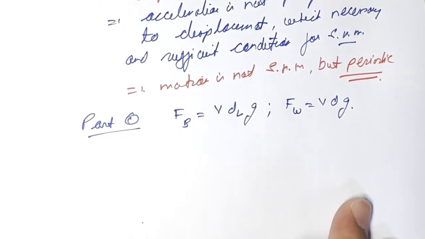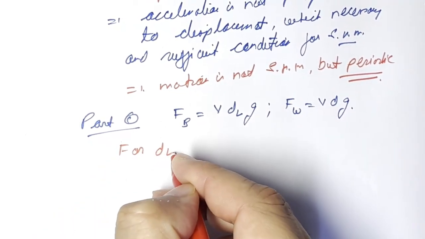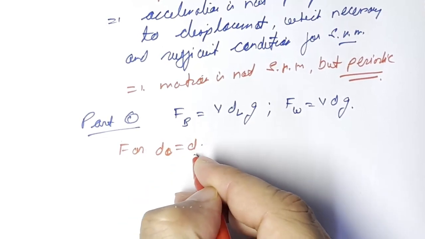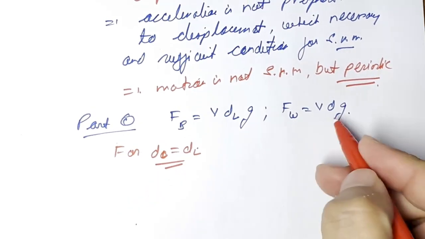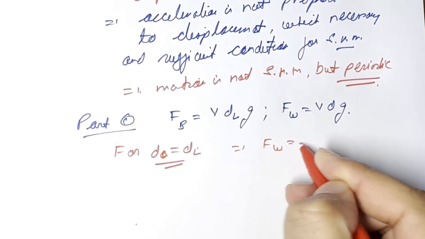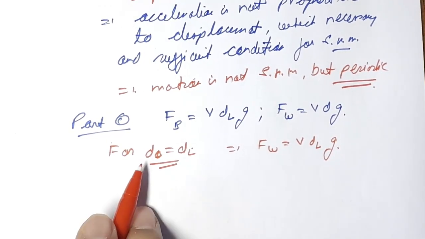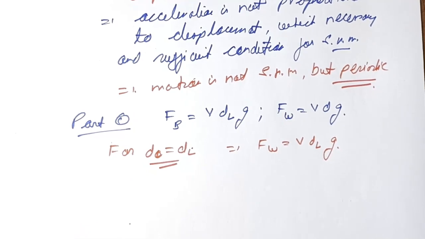And in part C, for d equal to dl, let's modify. Weight will be equal to V dl multiplied by g, because density of the ball is equal to density of liquid.